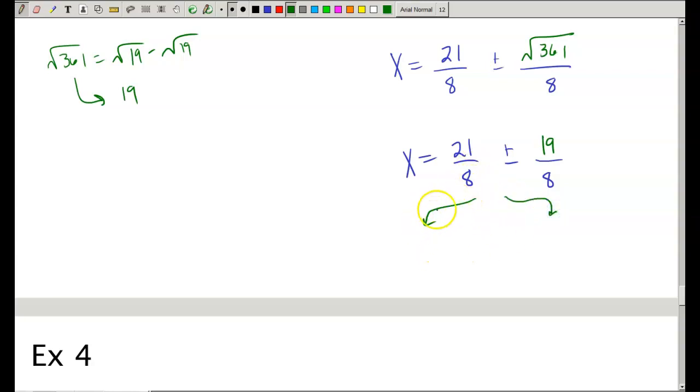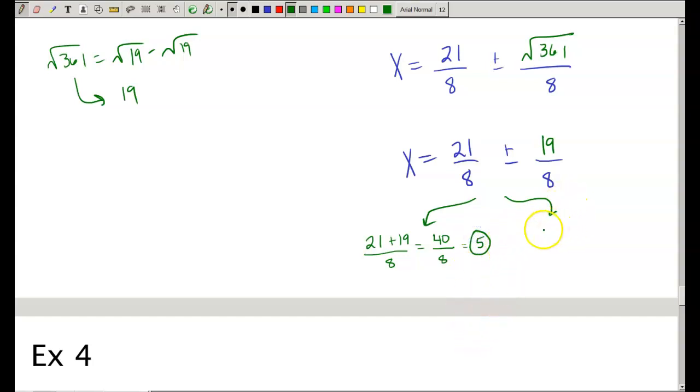So what I mean by that is I have a plus or minus. My first one is 21 plus 19 over 8. And 21 plus 19 is 40. So you can see I get 40 divided by 8, and 40 divided by 8 is 5. So if I take this all the way through, one of my answers is 5.